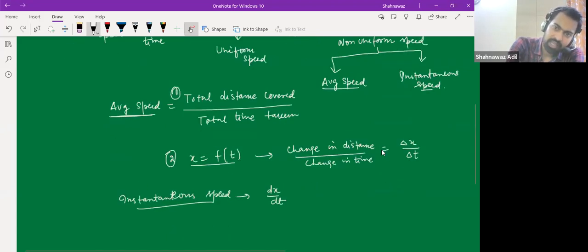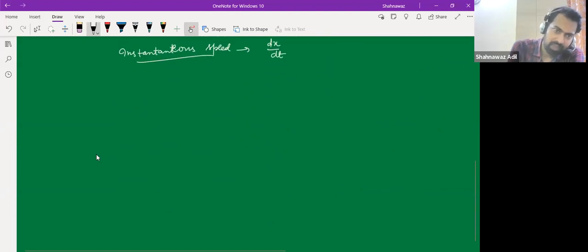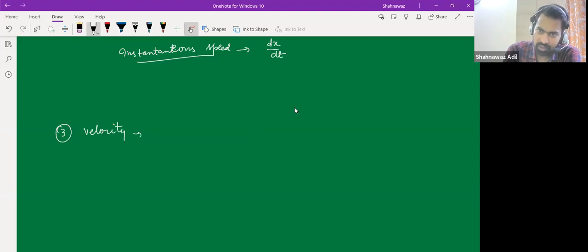So these were the three speeds. Similarly, we had the velocity, exactly the same. I will just draw the diagram.